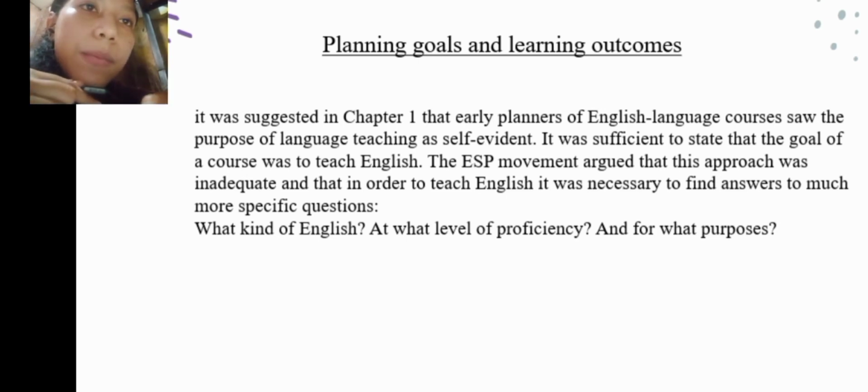The ESP movement argued that this approach was inadequate and that in order to teach English it was necessary to find answers to much more specific questions. What kind of English? At what level of proficiency? And for what purpose?